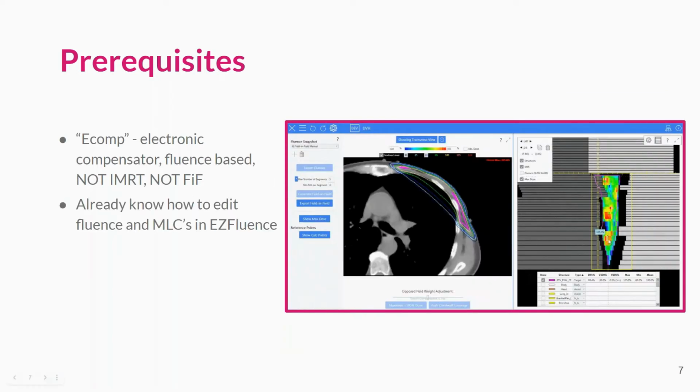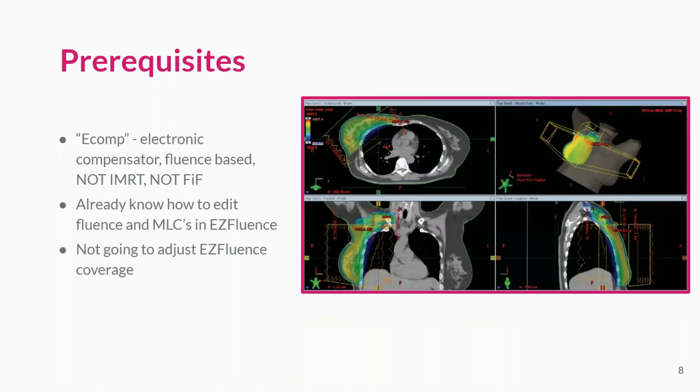And then I'm also not going to be going over how to edit Fluence or MLCs in the EZFluence window. Please refer to our website if you're unsure how to do that. I'm also not going to be going over adjusting coverage too much. I may if it looks real bad, but my plan shouldn't look real bad.